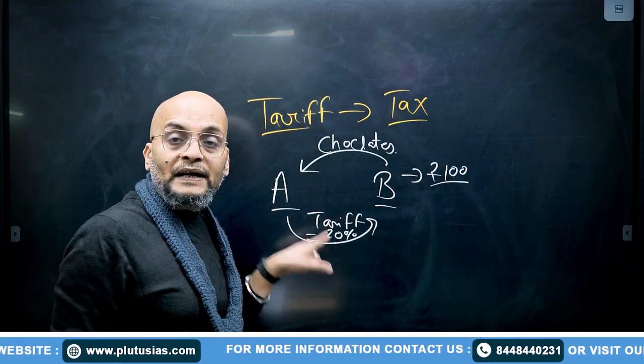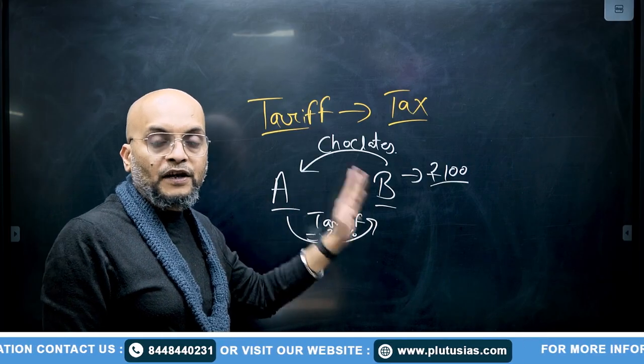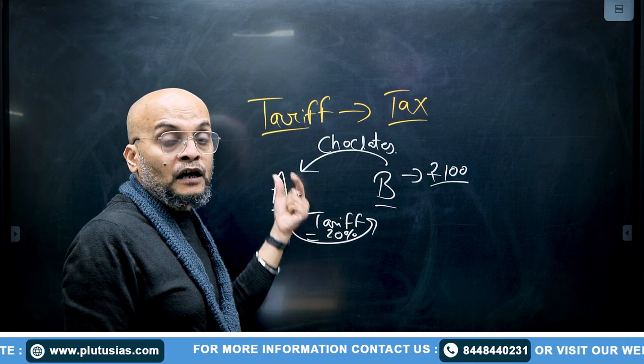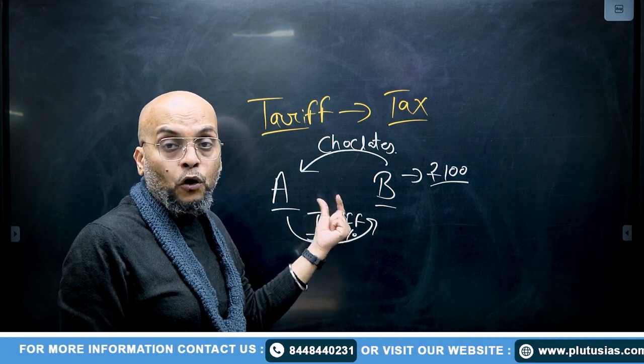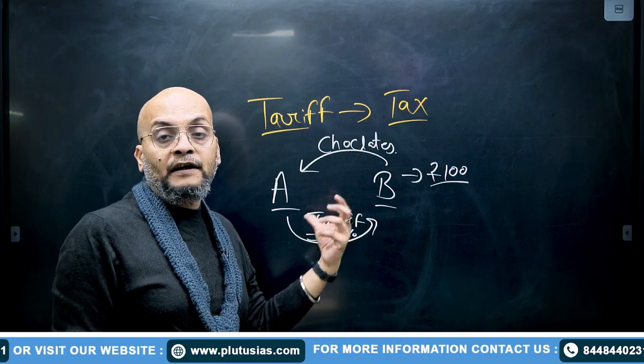When tariff of 20% will be applied by country A on the chocolates of country B, that means when this import will occur, now the price of this chocolate, which was initially 100 rupees, will become 120.